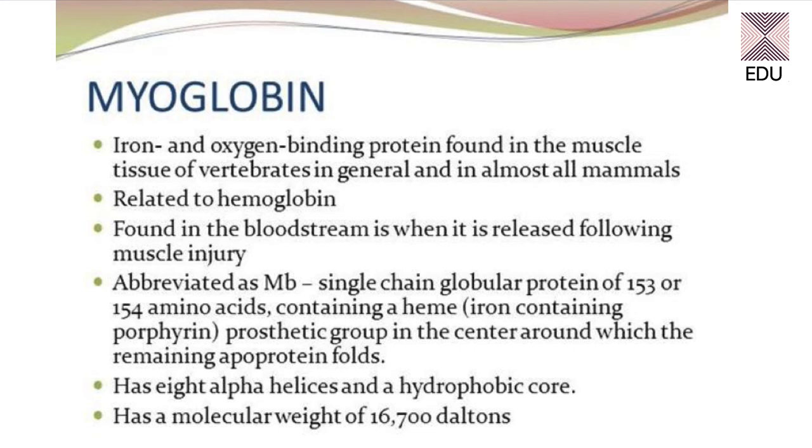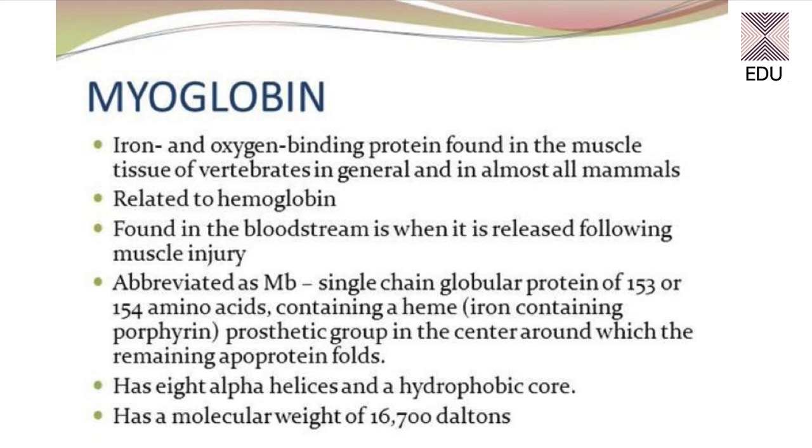This helps in fast uptake of oxygen and release of oxygen at the muscle level. That's why it is myoglobin: myo refers to muscles, and globin is the same protein which is in hemoglobin. So it again has iron, but it functions at the muscle tissue level.